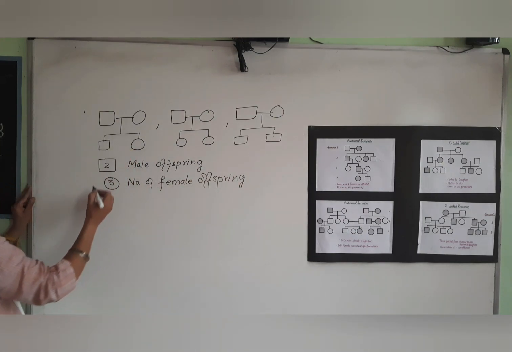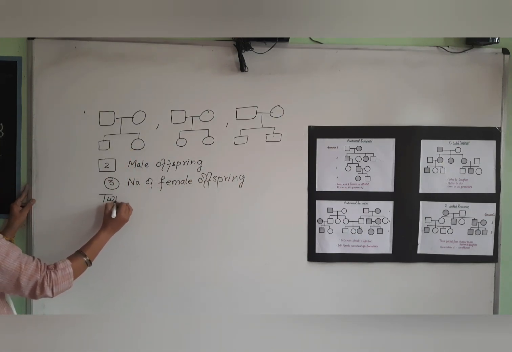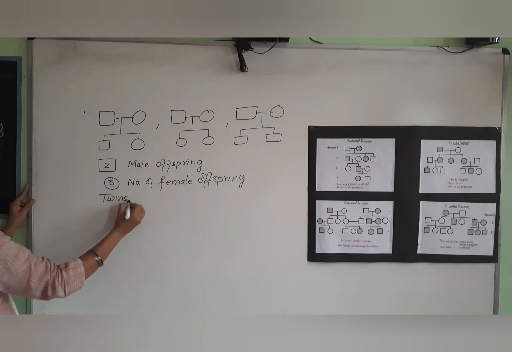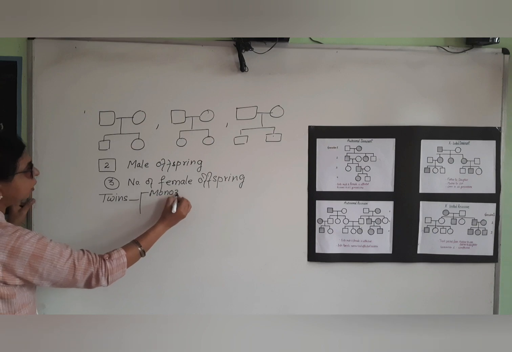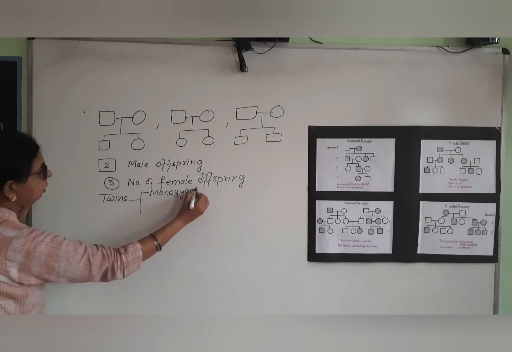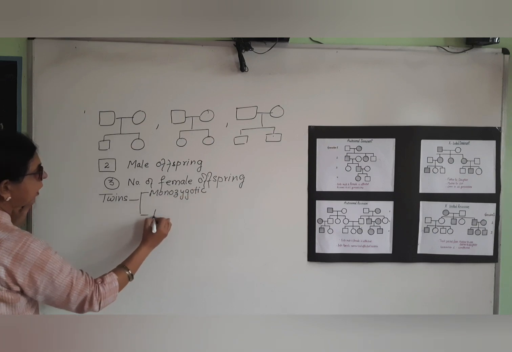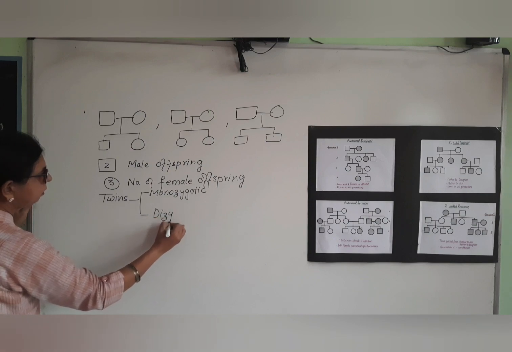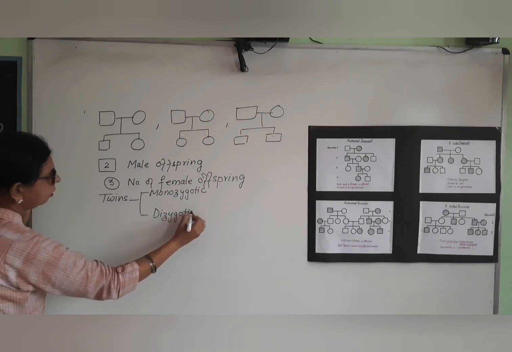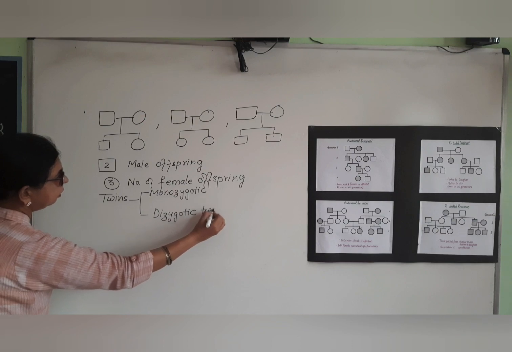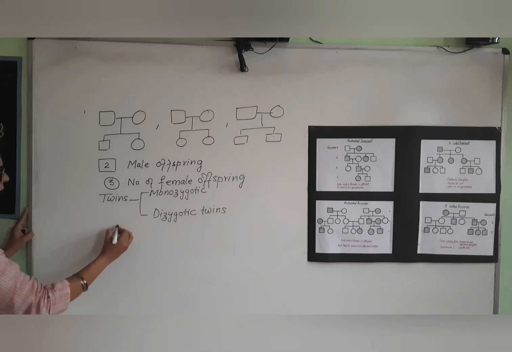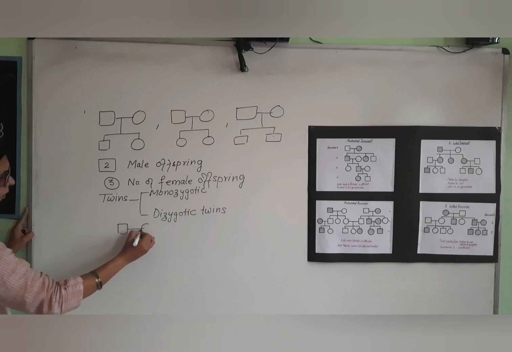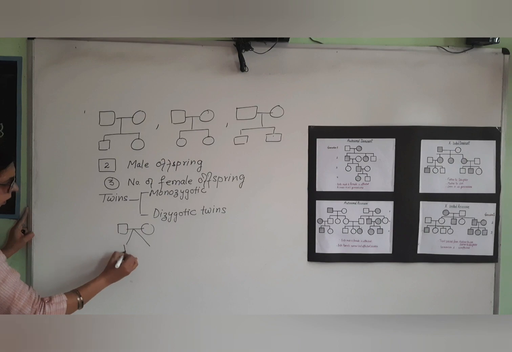Similarly, twins can be represented by this method. The twins are of two types, monozygotic twins or dizygotic twins. These can be represented by symbols. In case of dizygotic twins, we can represent in this way.